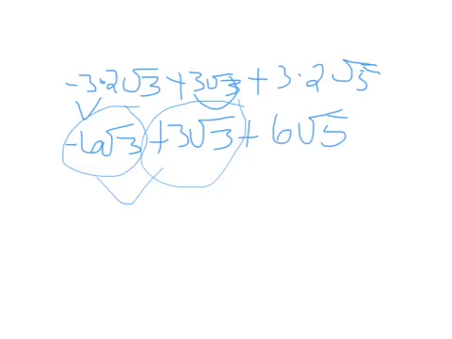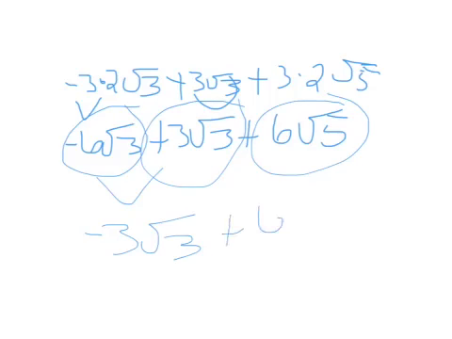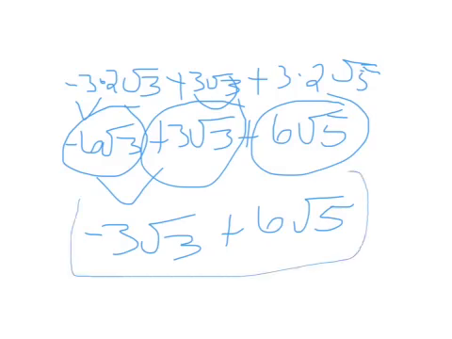So my answer would be negative 6 plus 3 will give us negative 3 radical 3. And then since this one over here doesn't have a partner to add up with, I just carry it down. So it'll be plus 6 radical 5. Now since I can no longer add these two because they are not alike, this will be my final answer. And this is how you add radicals.